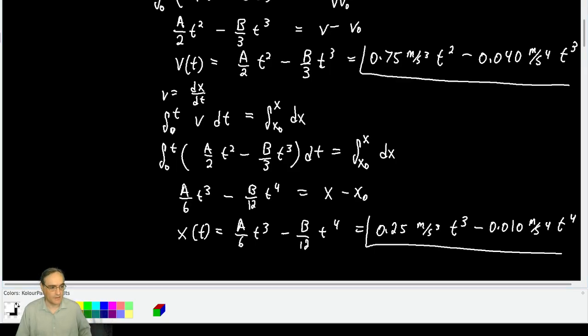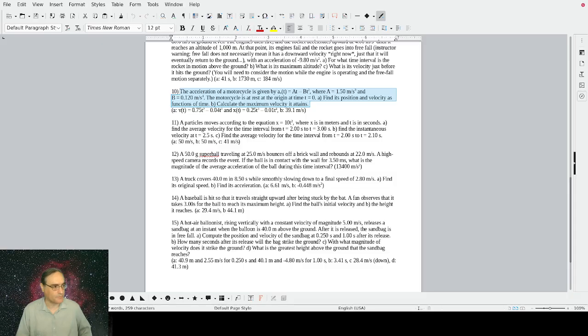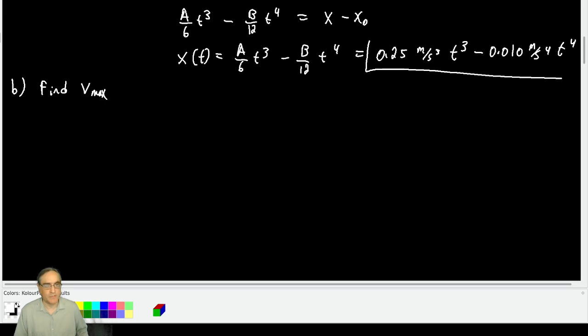Let's take a look. There is a part B. Okay, part B says, calculate the maximum velocity it attains. Okay, so this is the point where you ask yourself a question from your calculus class.